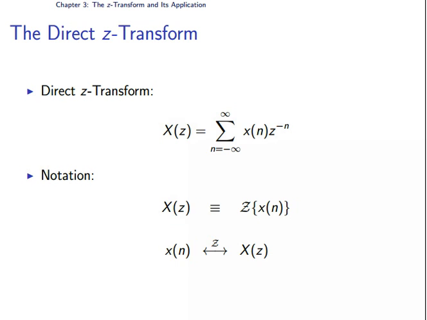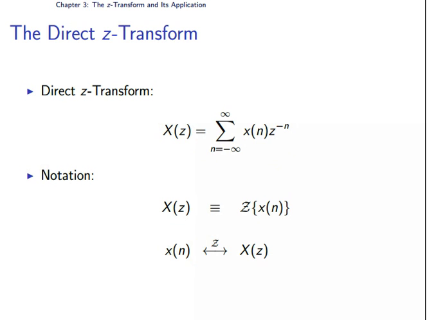The inverse procedure also exists, and we call it the inverse Z transform. That means x of n can be calculated from X of z. If you know X of z, then you can easily calculate x of n.